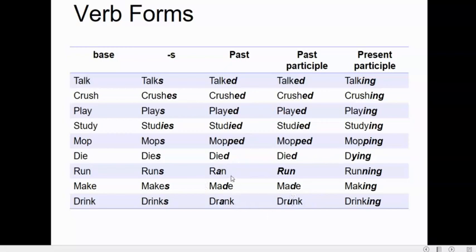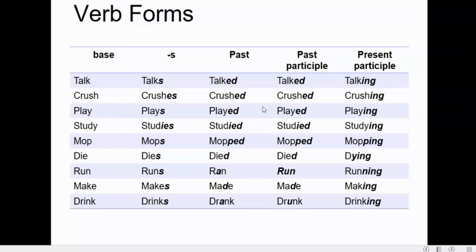They change. So from run to ran, and the past participle form being run again. Now we can't say that they're always different because verbs such as make, you'll notice, have past and past participle forms that are identical, but they don't end in ed.